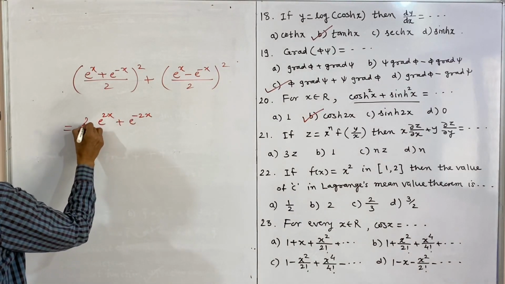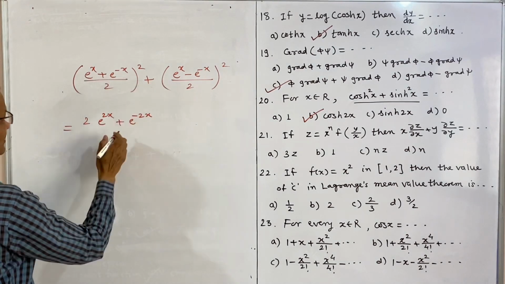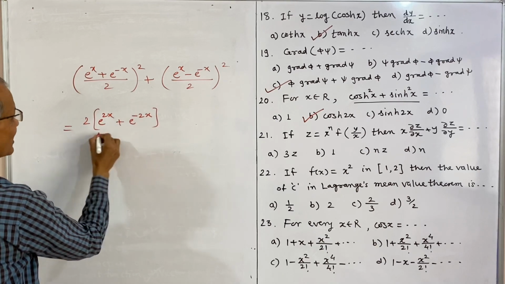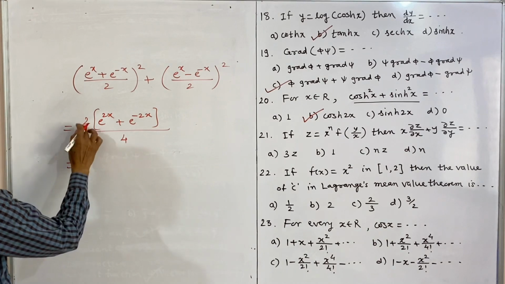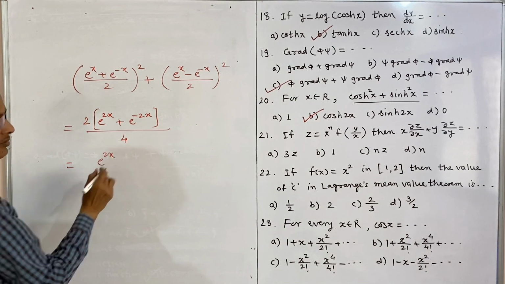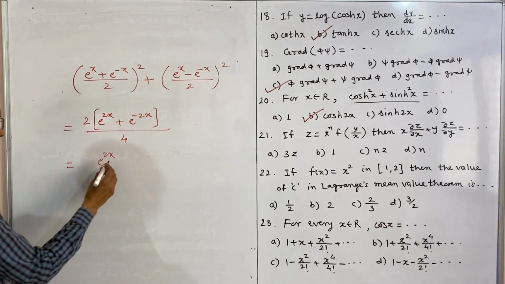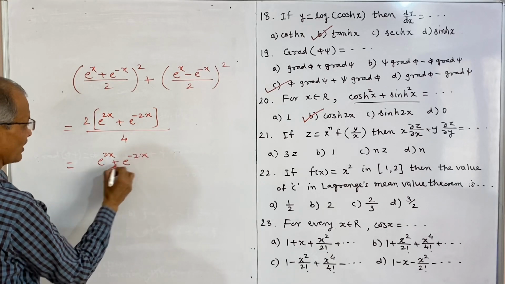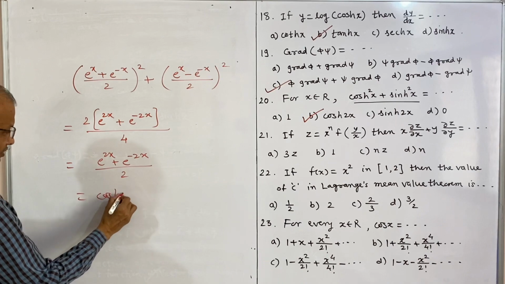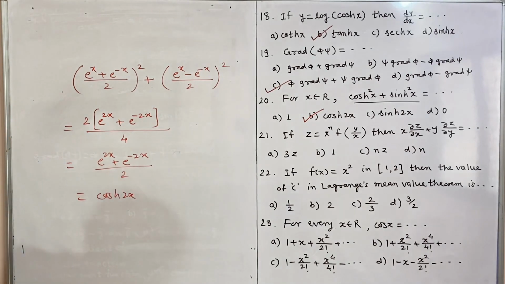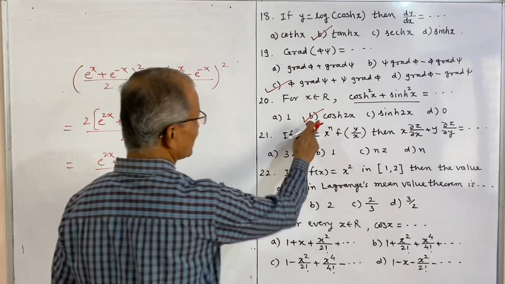So 2 will be there, twice terms, and divided by 2 square will be 4. Therefore this is e power 2x plus e power negative 2x divided by 2, which is hyperbolic cos 2x. You should verify these calculations, and thus this is the correct alternative.